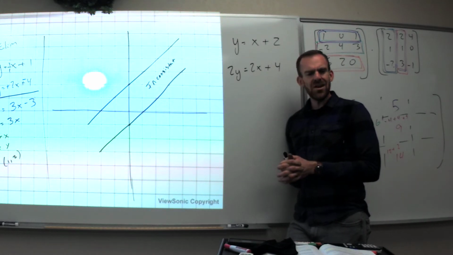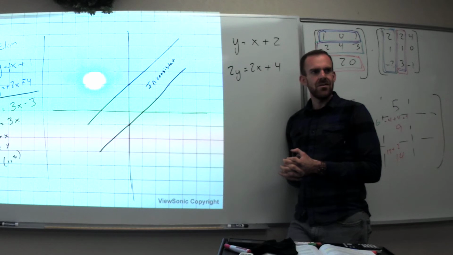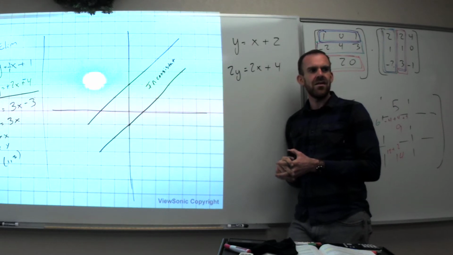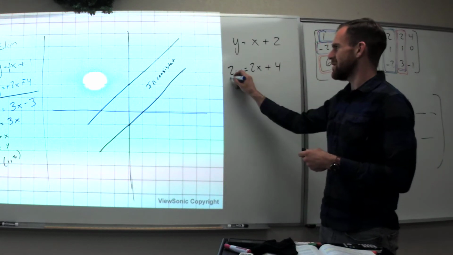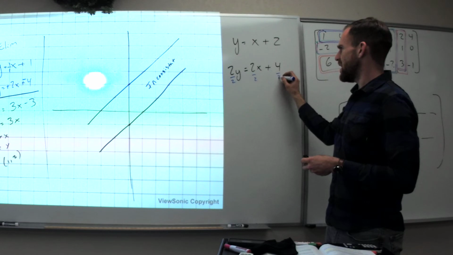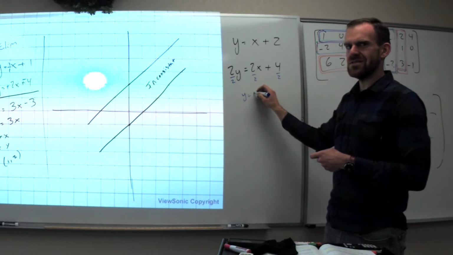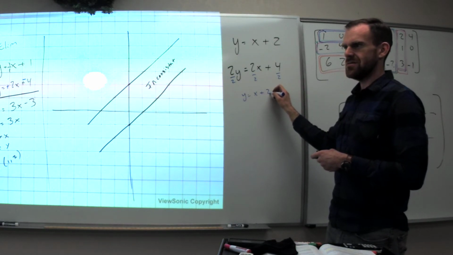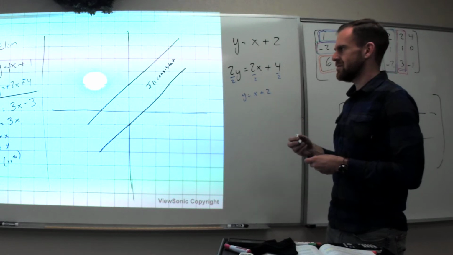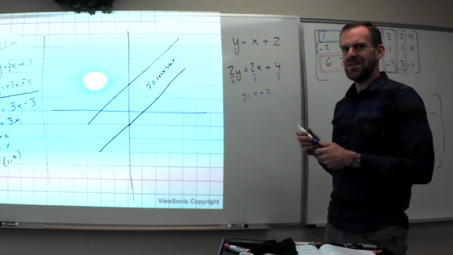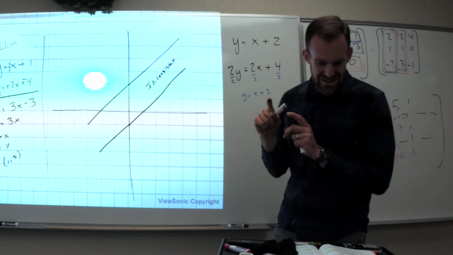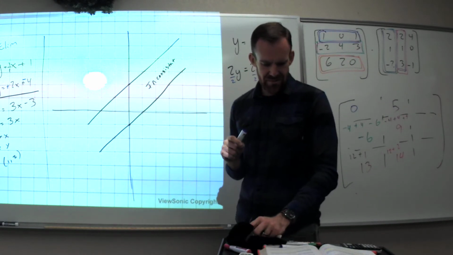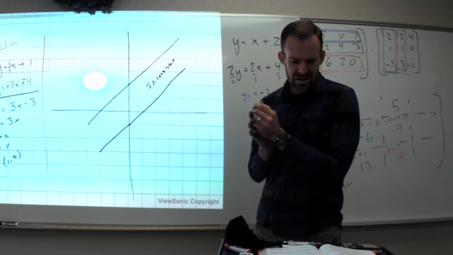How do I solve that one? Yes, Sierra. You have to convert the second equation to slope-intercept form. I'm going to convert the second equation to slope-intercept form, and something bad's going to happen. I'll divide everything by 2, and I get y equals x plus 2. This is awkward. I found out that it's exactly the same equation as we started with.